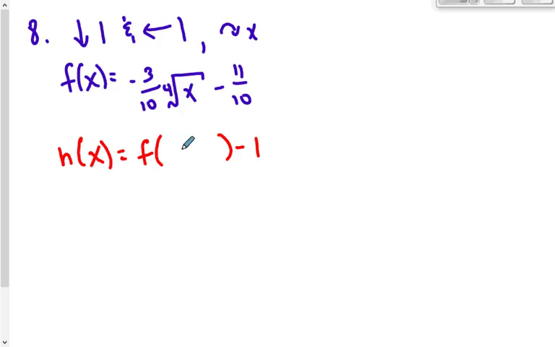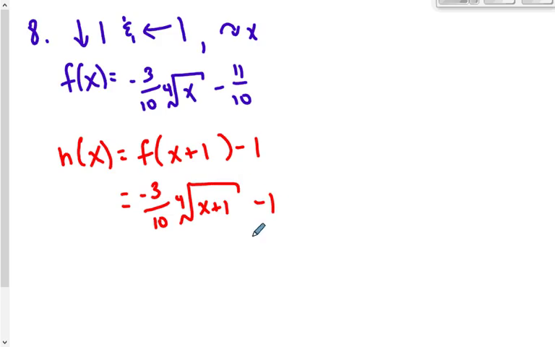For my left 1, that's going to be an x plus 1 on the inside. So right there, every x I'm changing to x plus 1. On the end, I'm putting a -1. So -3/10, 4th root of x plus 1, and then -1 on the end. That part's done.